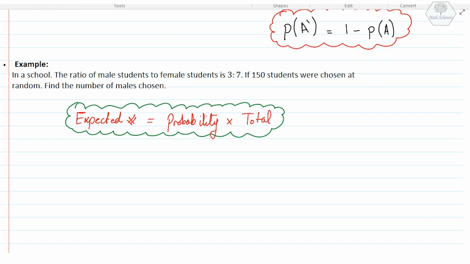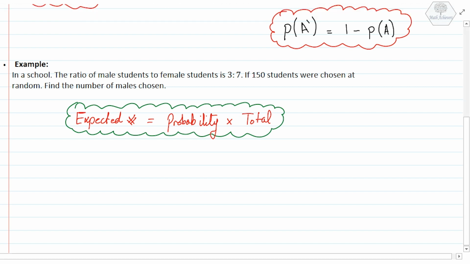Now, let's get back to our example. I have the ratio of male students to female students as 3 to 7. So the total students in this classroom would be 3 plus 7. I have 10 students in this ratio, of which 3 are male. So now the probability of picking up a male student is equal to the number of male students over the total.